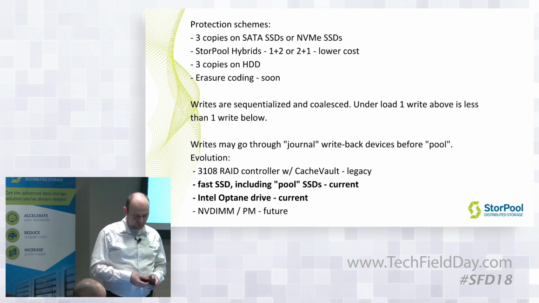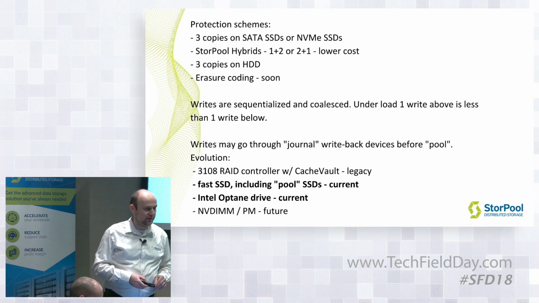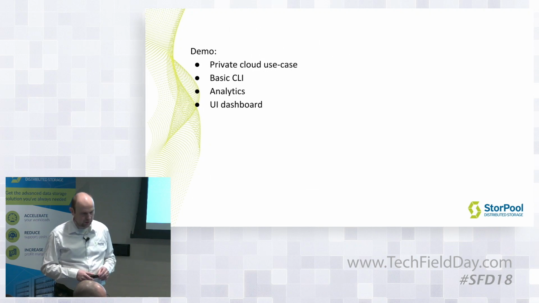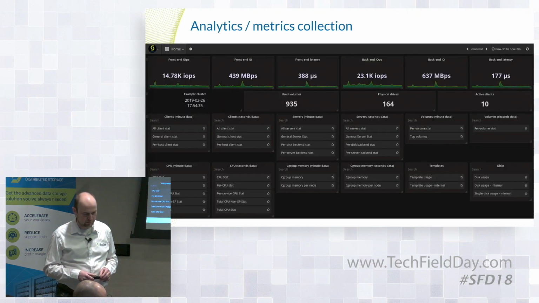And before you bite my head off, yes, we're doing erasure coding soon. Okay, I know you're gonna ask. Yeah, and we have a special thing we do with writes and accelerating write operations, right? Which is normal. All right, so on to the demo.